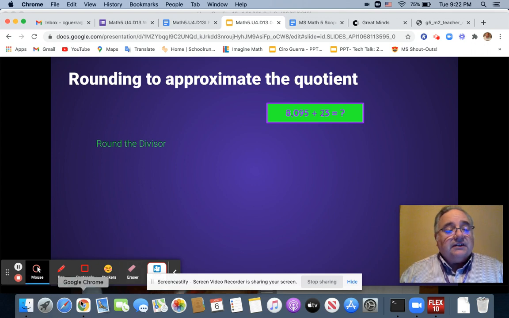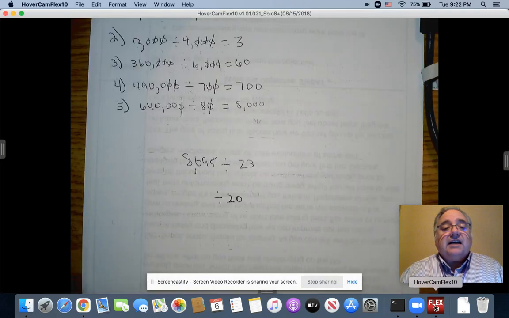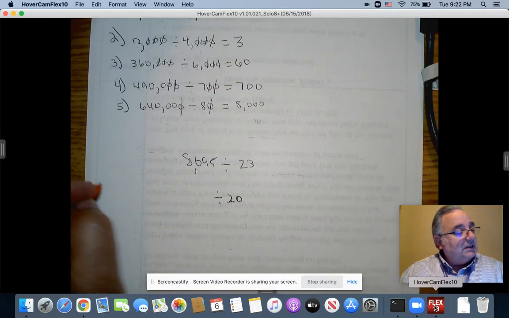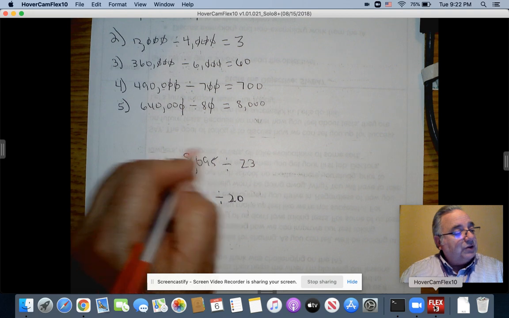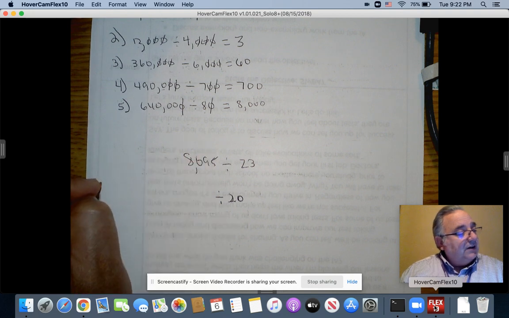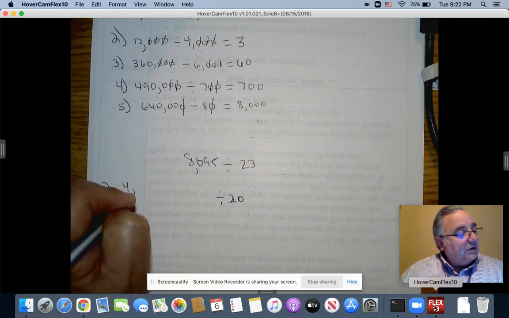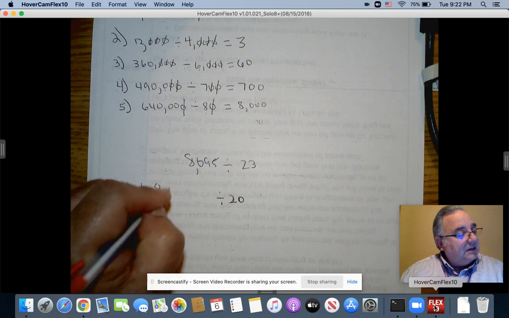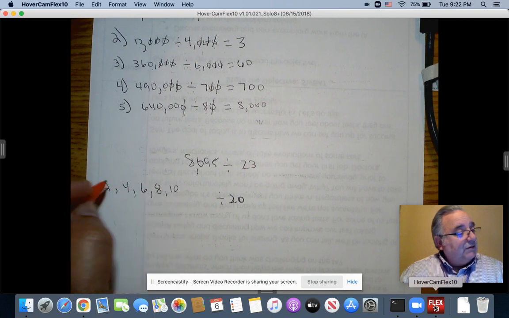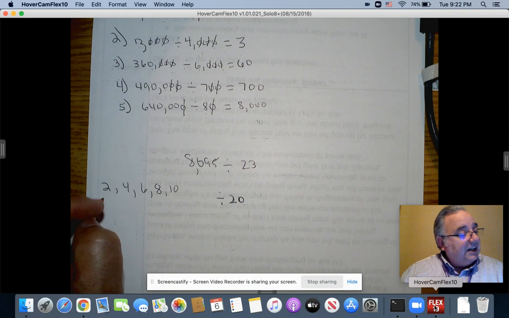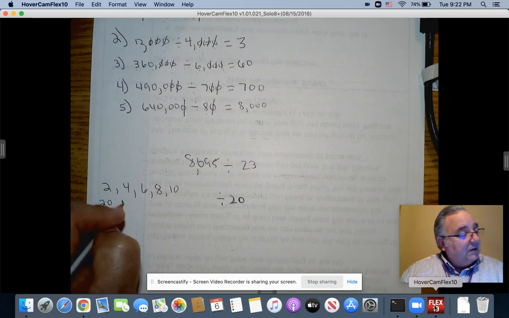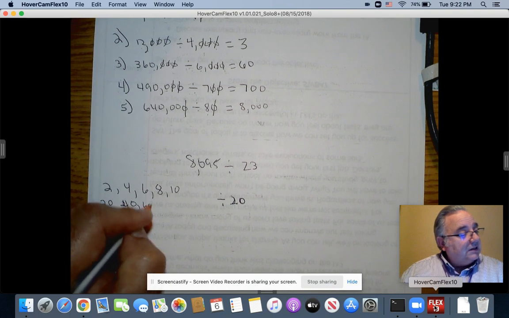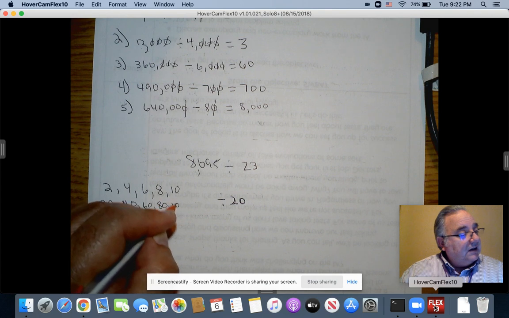All right. So if I round it to 20, I can now use multiples of 20 to get a quotient close enough to it. I know 2, 4, 6, 8, 10. So if I do it by tens, that'll be 20, 40, 60, 80, 100.